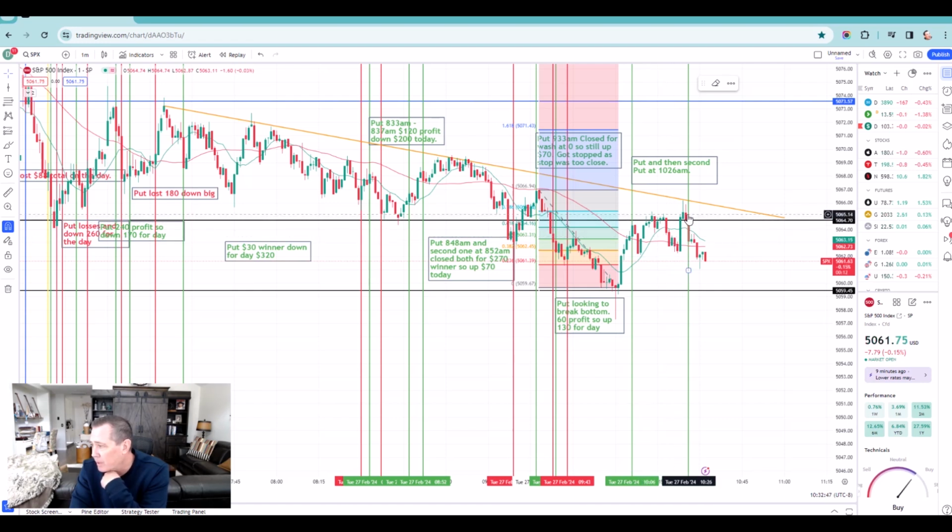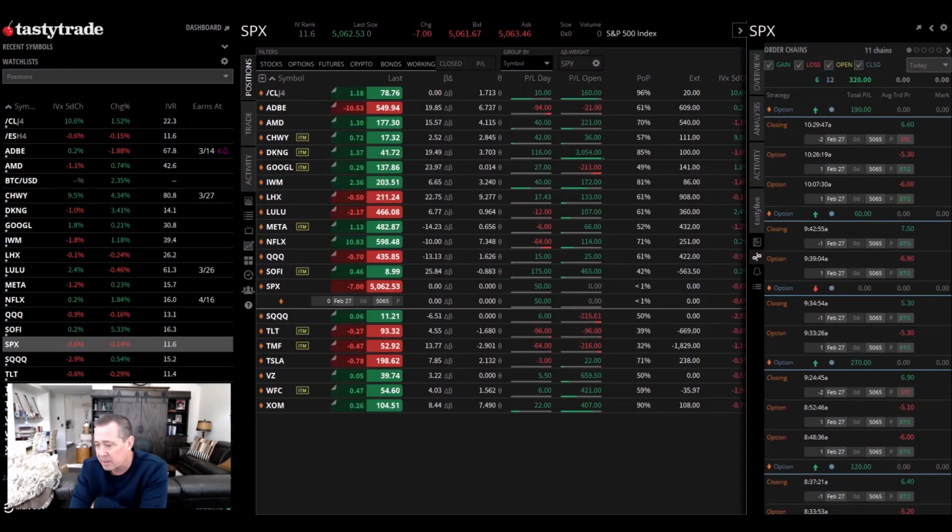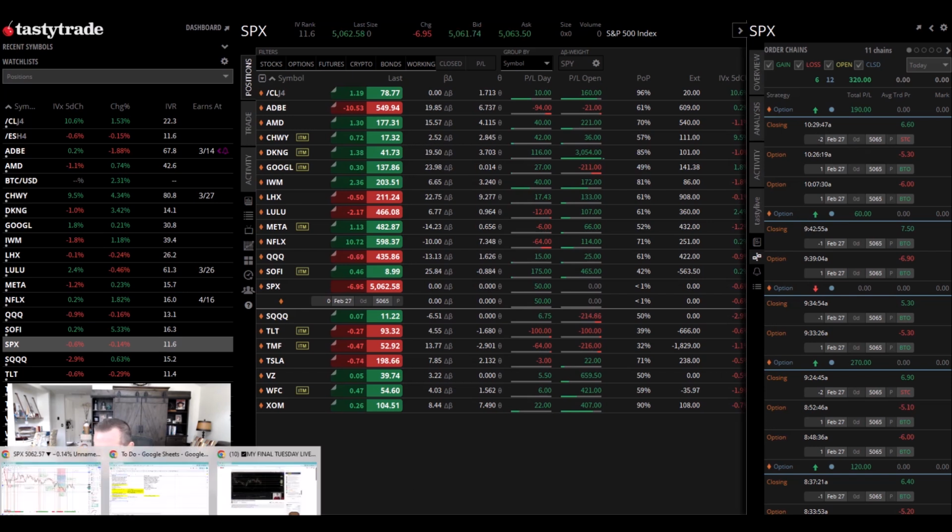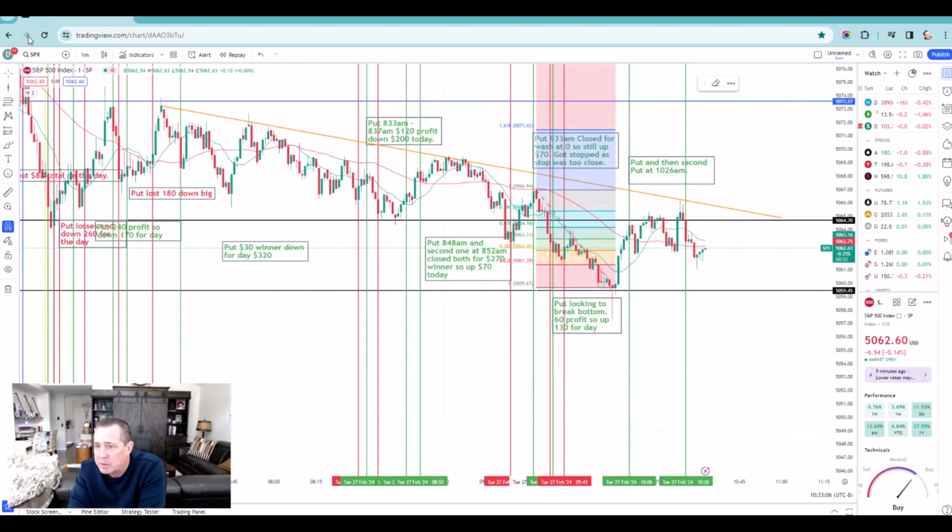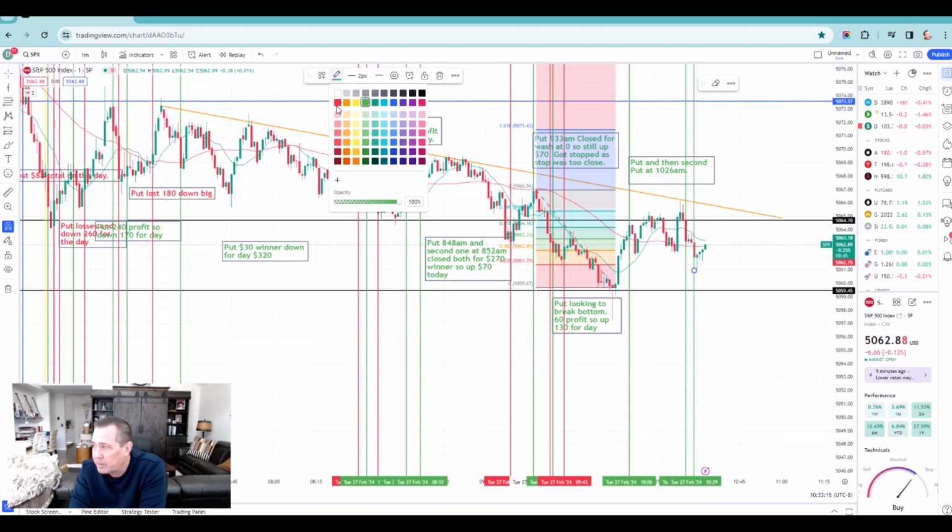I put a second one on here because we were approaching that trend line and I saw the red, so put a second one on, and then we closed out probably on this one around 10.29, but let's take a look exactly when we closed. Yep, 10.29. So I'm going to put a mark there, and we'll make that a red.